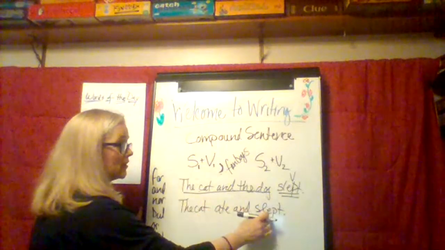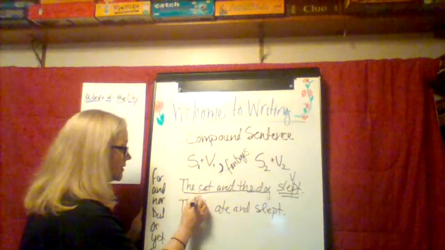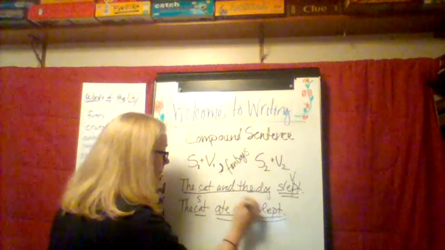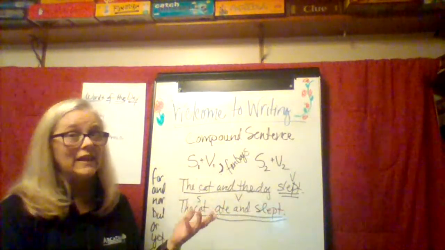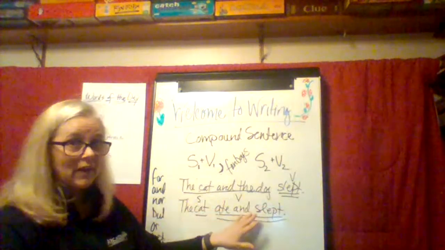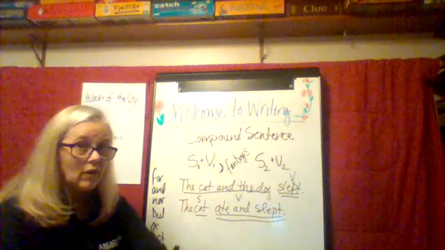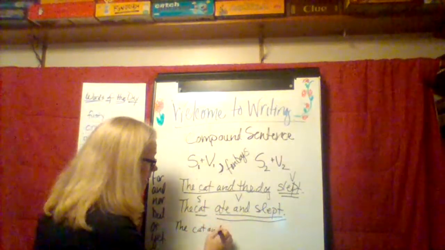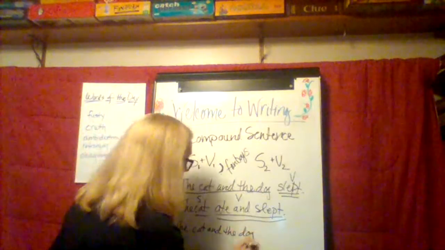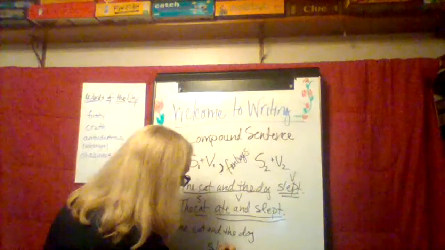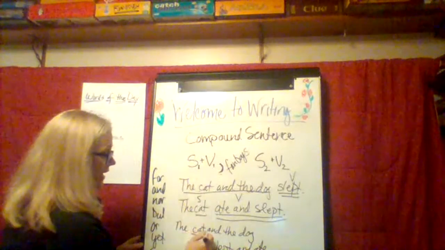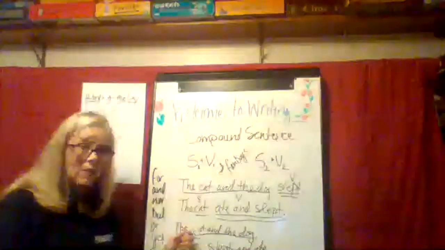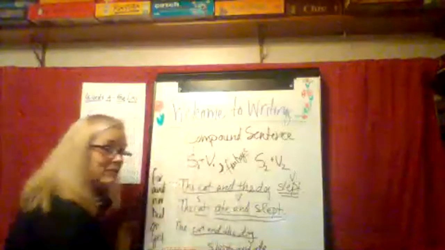I have two verbs here and one noun. I have two action words that make up a compound verb. Still, it's not a compound sentence, so I'm not putting a comma in there. One more: the cat and the dog slept and ate. There I have a compound subject, and slept and ate is a compound verb.